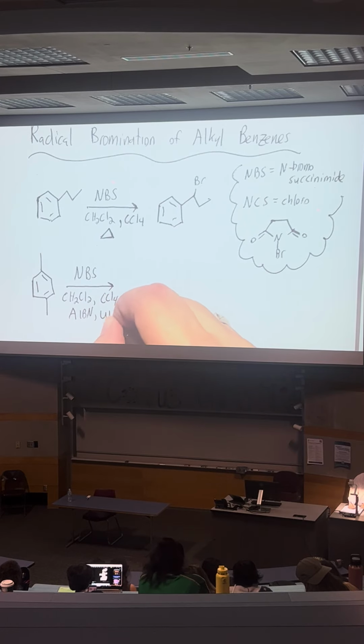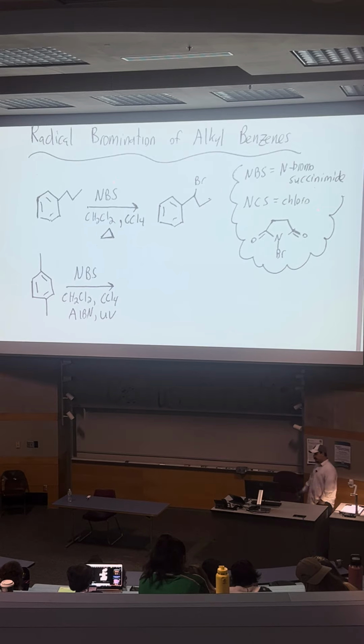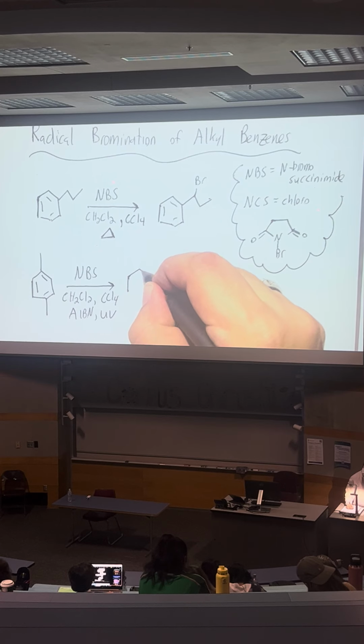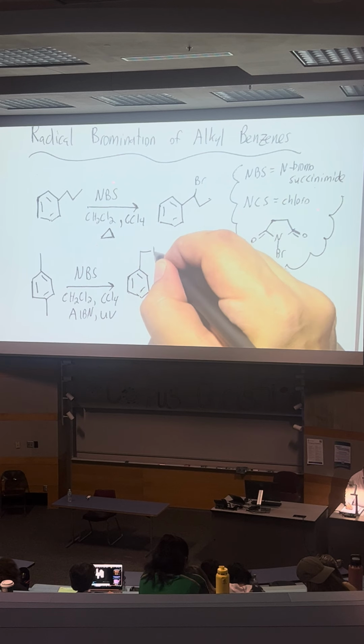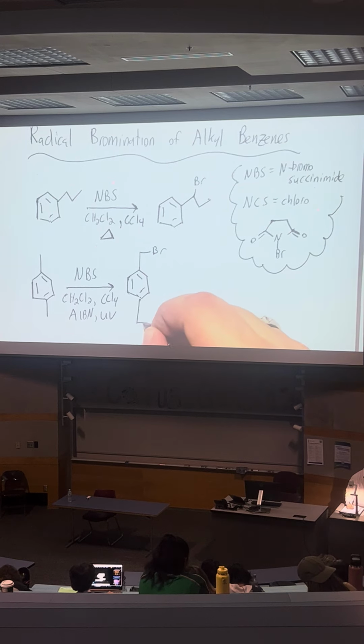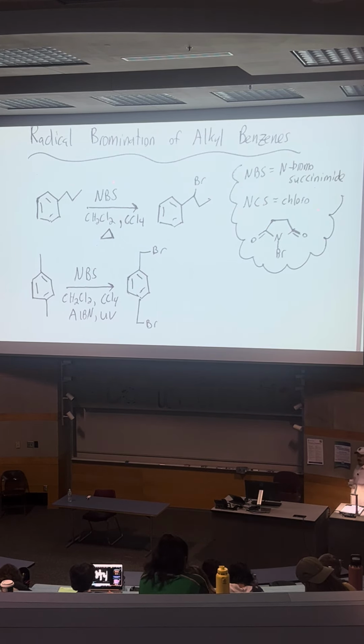And these were the conditions. It was NBS, dichloromethane, carbon tetrachloride, UV light, and AIBN. AIBN is a radical initiator, and what I wanted to do was to brominate both benzylic positions just once, to get a derivative like this, dibromo-para-xylene.